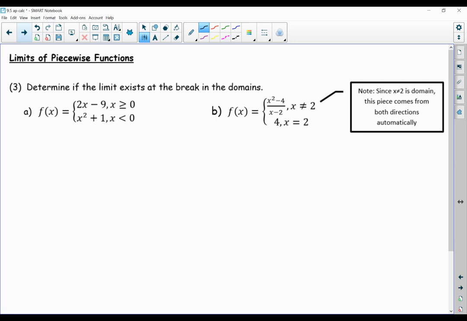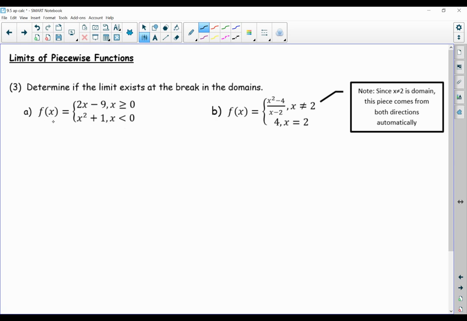Moving on, I want to kind of focus on limits with piecewise functions for a minute, because piecewise functions can be tricky, especially in the side where a domain breaks and it is non-inclusive, okay? So piecewise functions, remember, are different functions over different domains.